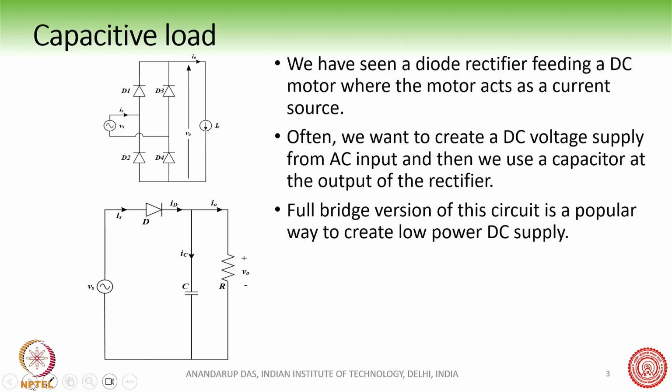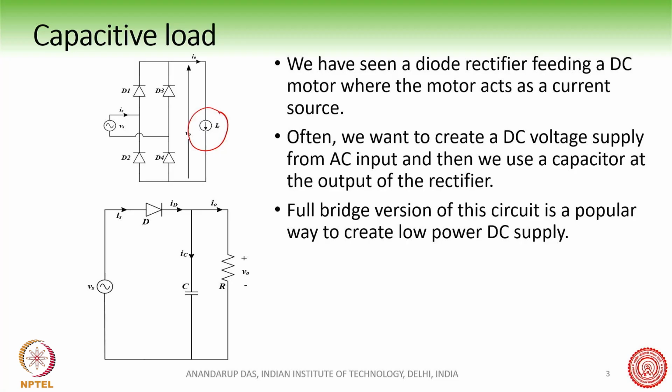Now, in the earlier lecture, that is in lecture 1, we have seen the diode rectifiers feeding a DC motor, where our motor was represented by a constant current load.